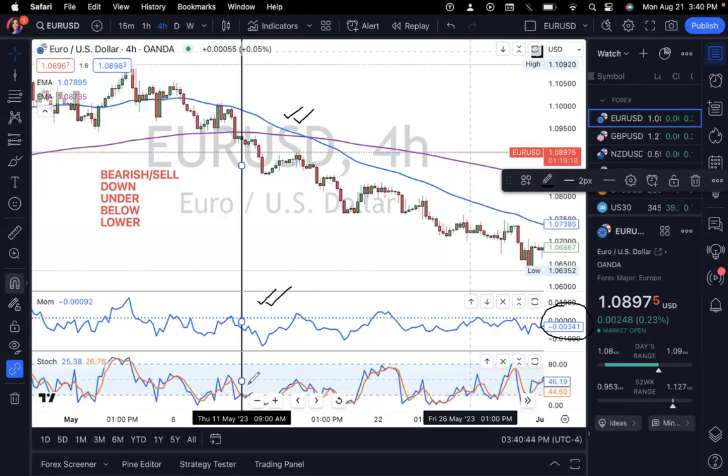The last thing you want to ask yourself about the stochastic is, is my stochastic facing up or down? If you can see that the stochastic is clearly facing down, that's going to be a trigger word for a sell, and we're going to go ahead and get that confirmation. We also would ask ourselves, is it above or below the 50% line, which is here?